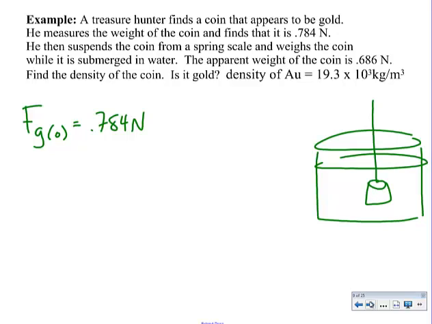So here's our scenario. We're weighing the substance under liquid, under water in this case, and we've got that the gravitational force or the weight of the object is 0.784 newtons. Okay, now the apparent weight is 0.686 newtons.